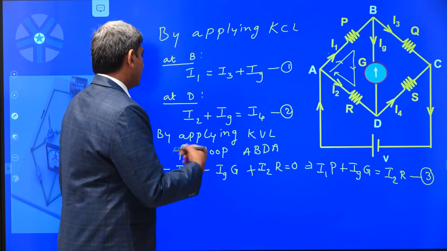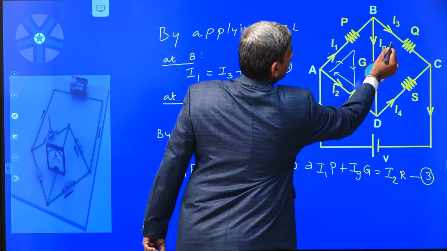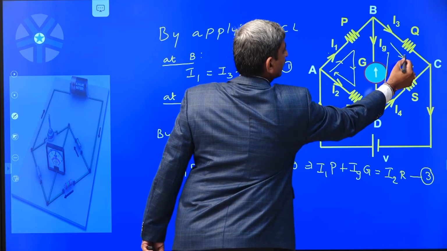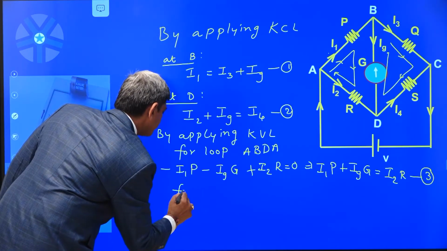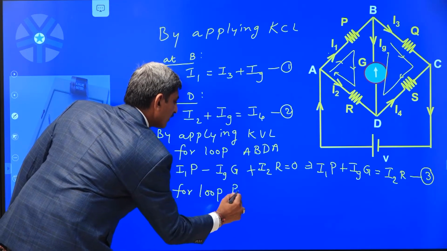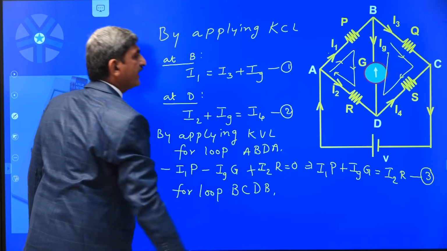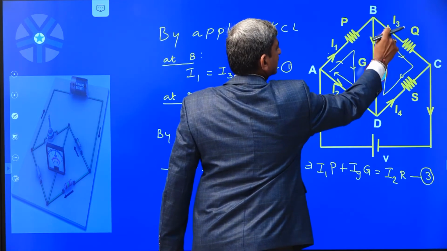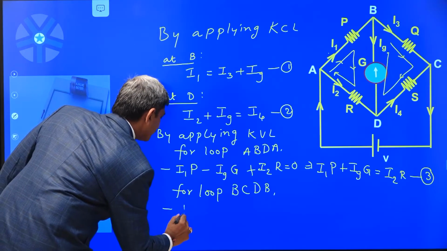Now let us apply the Kirchhoff's voltage law again for loop B, C, D, B. By applying KVL for loop B, C, D, B, what we get? In the BC branch, direction of the current and the direction of the loop are in the same direction, minus I3Q.